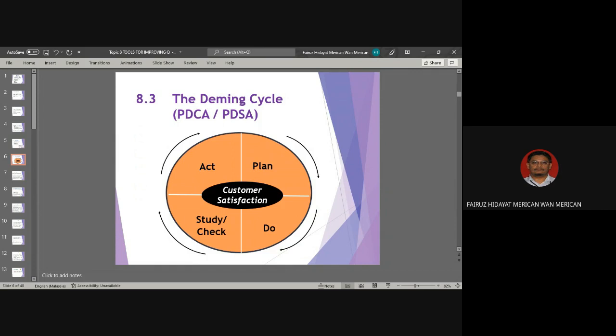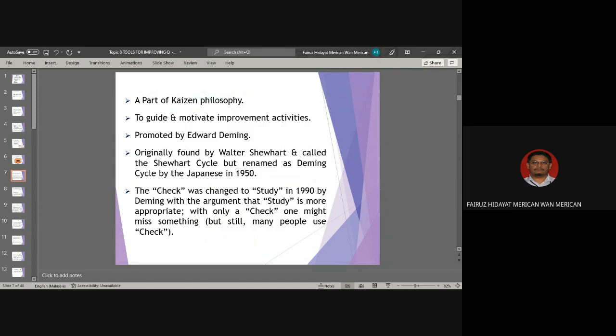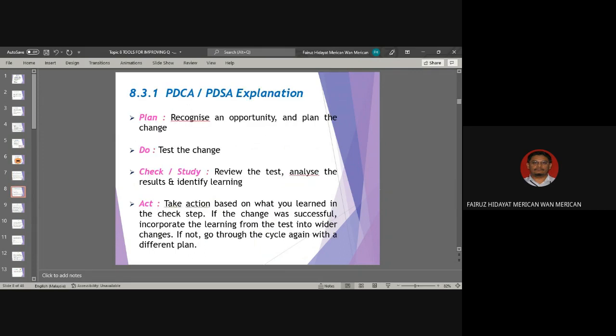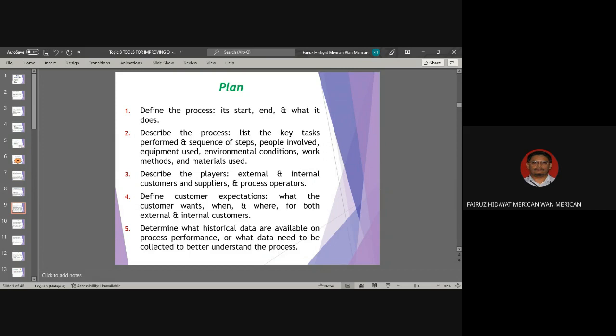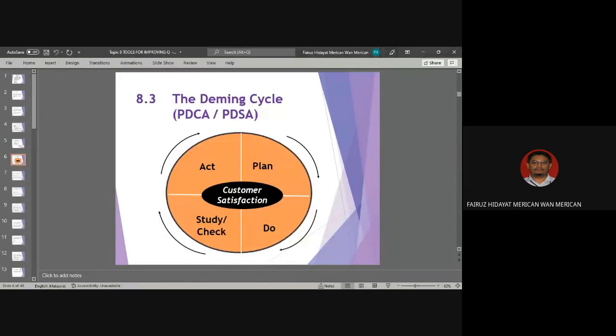Deming adopted and adapted the idea from, I can't remember his name. I've already forgotten his name. I already mentioned it to Prissy yesterday. But in any case, the one that is being used now by companies is the one developed by Edward Deming.